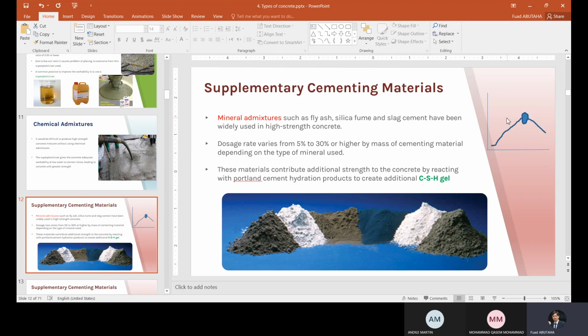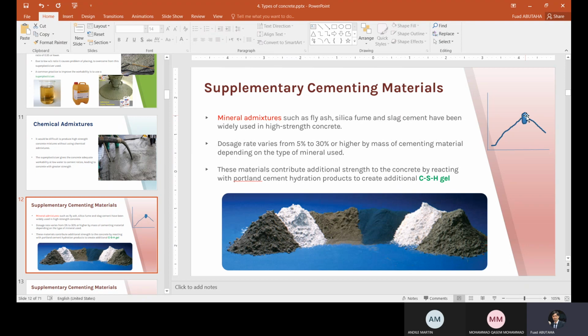And this optimum would be the maximum strength that can be achieved by normal concrete, which can be, for example, 40 megapascal, or whatever, 35 megapascal. So I have a limit. I cannot achieve more strength. Even if I use so much cement, we still have a limit.